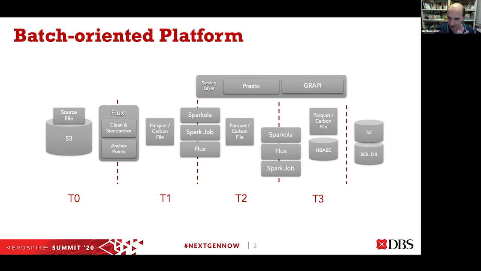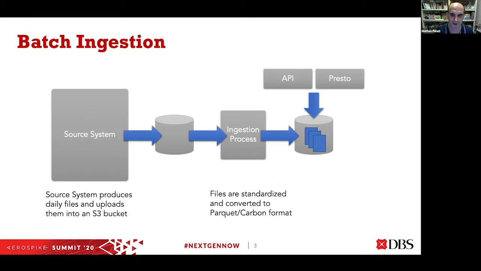I gave you this picture because I want to talk about the next problem that we have. As I said before, for our batch ingestion, we have a source system that produces files daily. These are stored into S3. We go through an ingestion process, and that's where we store the data, and then we have our API and Presto getting data.